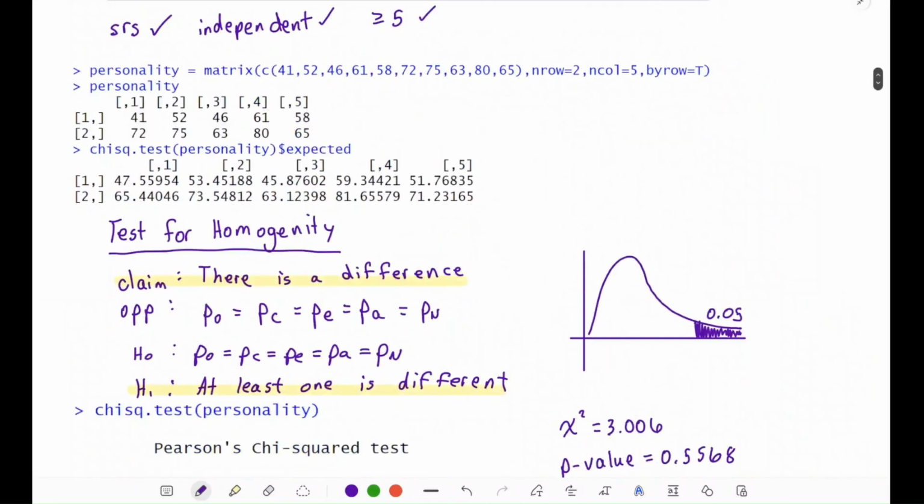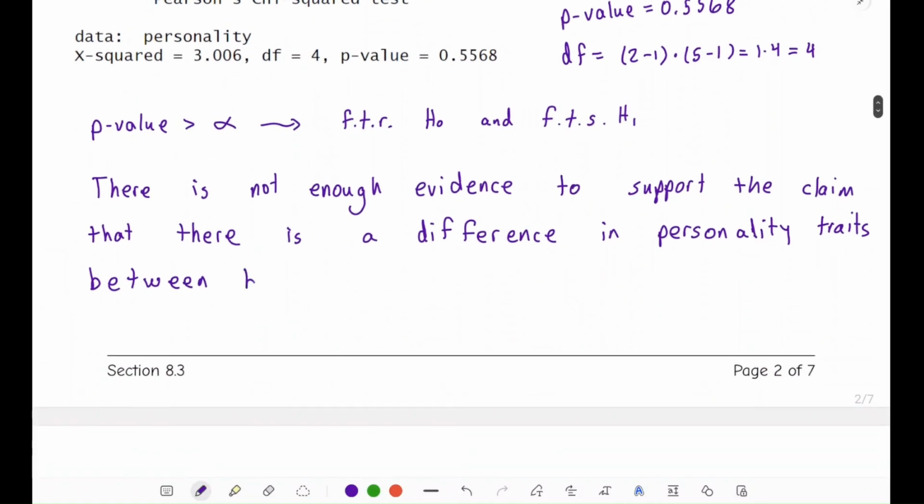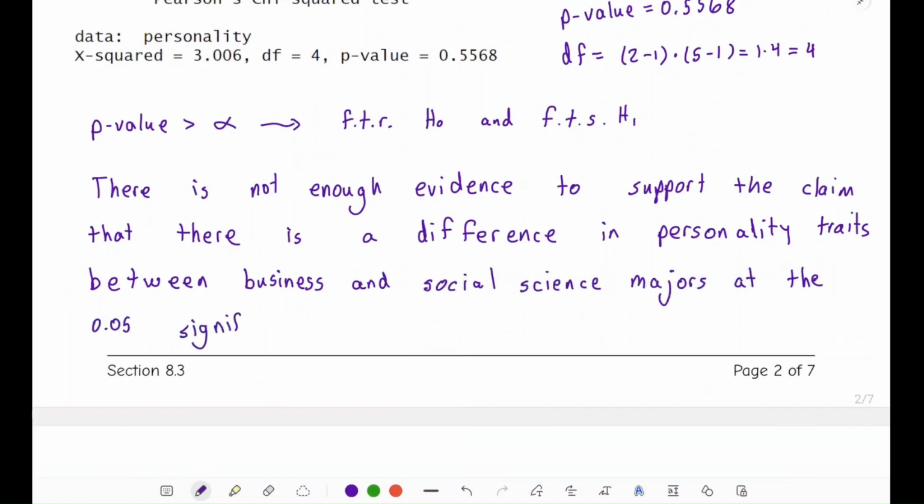I forgot. Business and social science majors, at the 0.05 significance level. There's example 1.